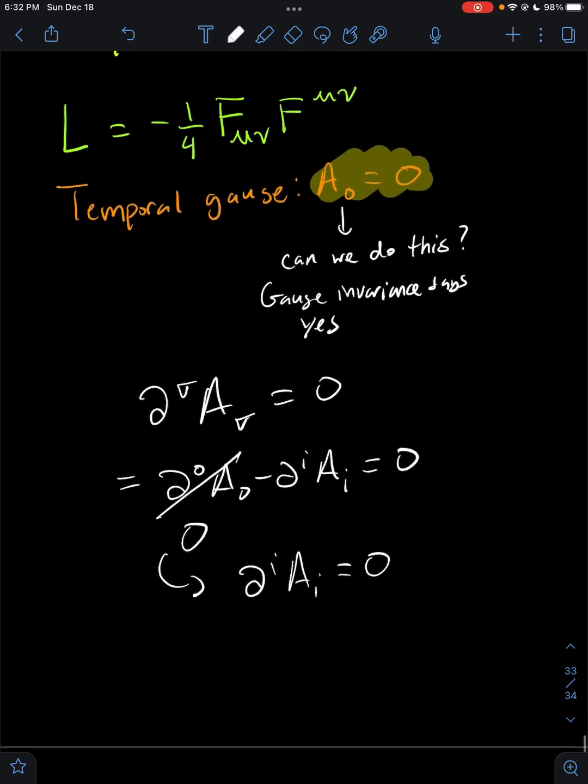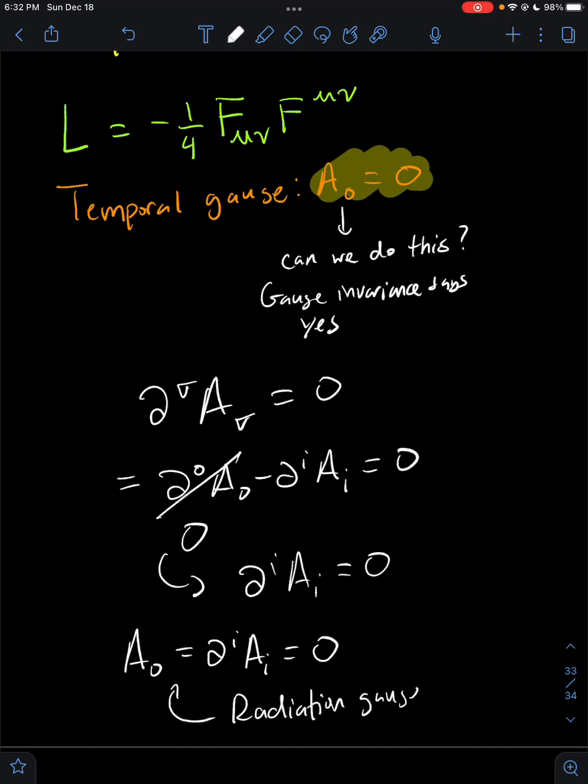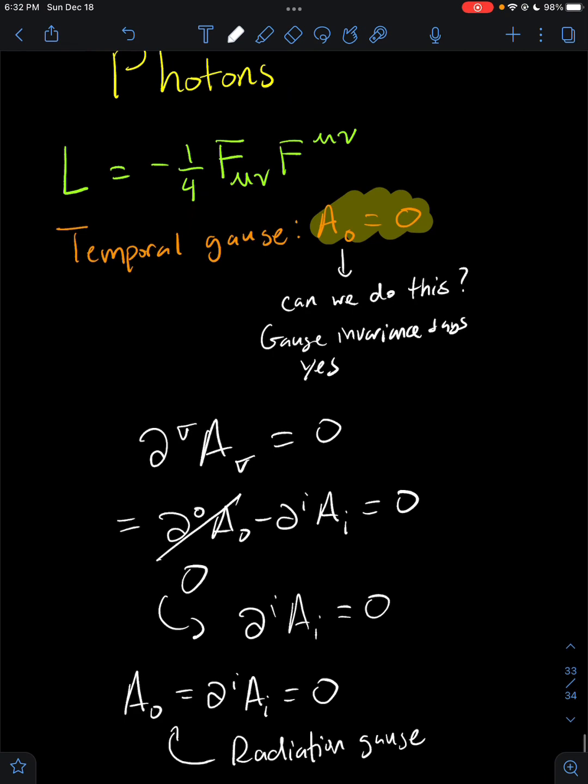So we can call the gauge where A naught equals 0 and partial i A i equals 0, altogether, the radiation gauge. That's just some terminology that you guys might see in your textbooks. So, knowing these facts, we can now get to work.